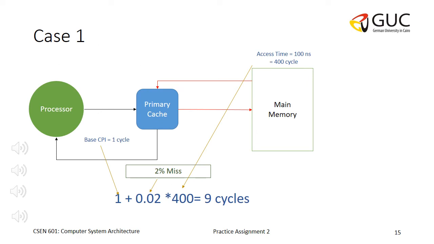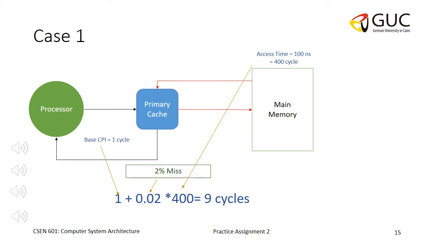So here in the first case, we're having a processor communicating with the primary cache, which is dealing with the main memory. So first we need to put the attributes for each module. We have here the access time of the main memory, which is equal to 100 nanoseconds.